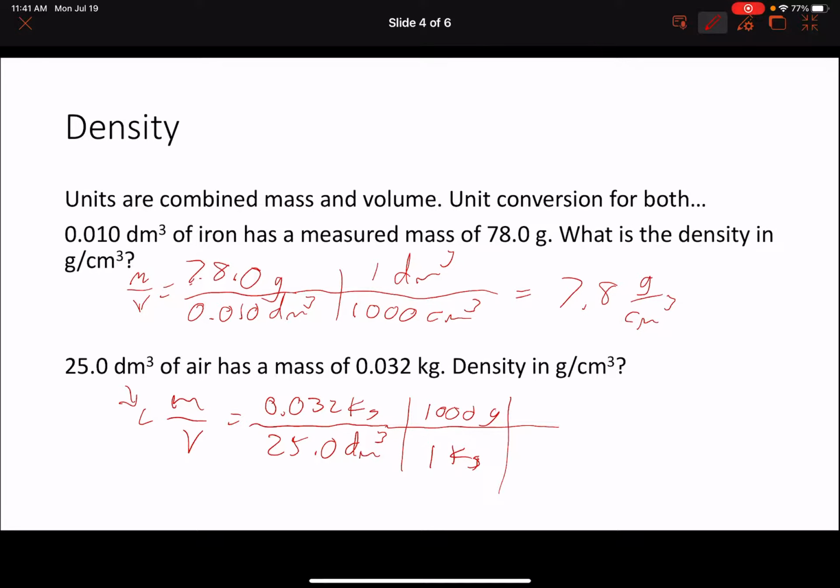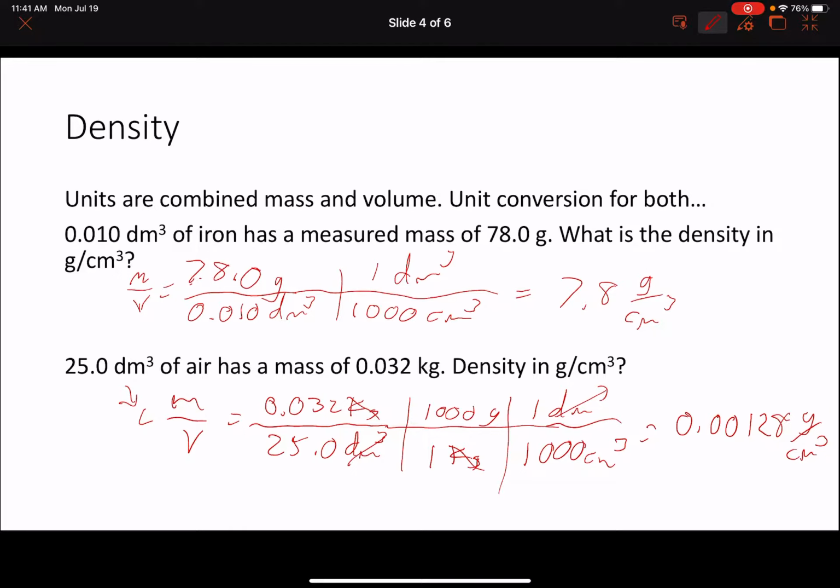So if we cross them out, the kilograms cancel. Now we need to go from decimeters cubed to centimeters cubed. So we have 1 decimeter cubed per 1,000 centimeters cubed, and now that cancels, but our 1,000 and 1,000 cancel too, so basically we just divide 0.032 by 25, which is 0.00128 grams per cubic centimeter.